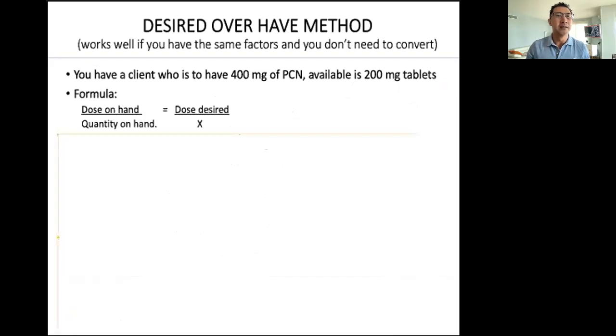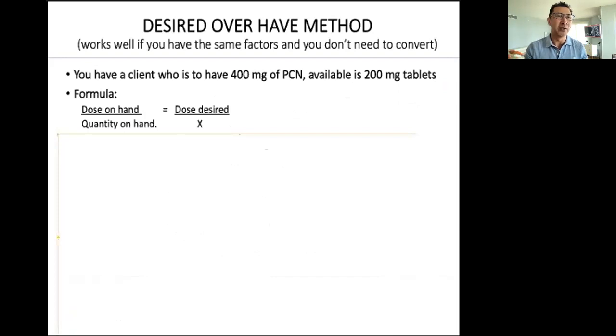Next, the desired over half method. No, actually, we're still in the desired over half method. So here's the question. You have a patient who is to have 400 milligrams of penicillin. Available is 200 milligram tablets. So how many tablets do you need?